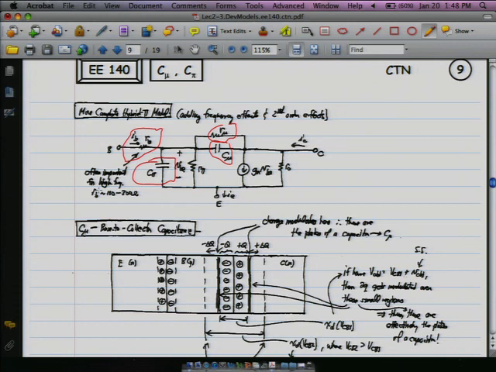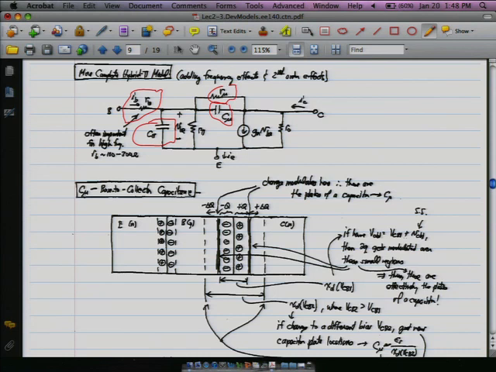All right, so going back down here, this is the same thing essentially we were talking about before, but from a different perspective. Before we were talking about the base width, we said that basically if we change this bias, then it's going to change the width of the depletion region, which means that the base width would be changing. But in this case, also, if we think about the fact that the depletion region is depleted of carriers, so there's not current that is readily flowing through it, then it basically acts like a cap.